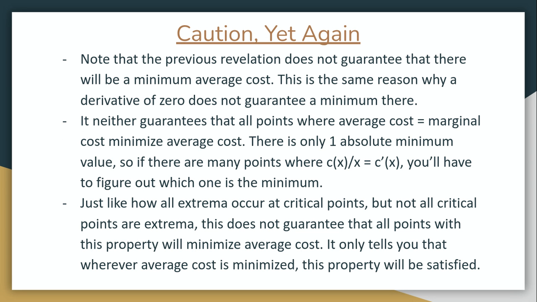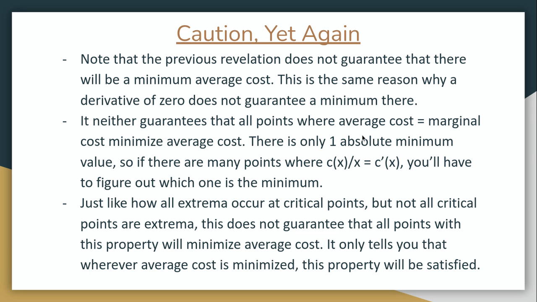So we could have average cost equal to marginal cost and not have a minimum there for the same reason. It does not guarantee that all points where average cost and marginal cost are the same minimize average cost. Not all critical points guarantee extrema. It's the exact same logic.